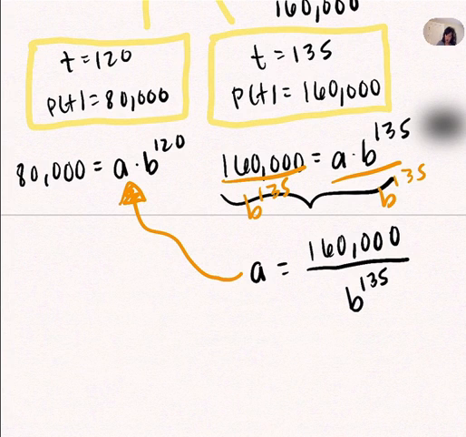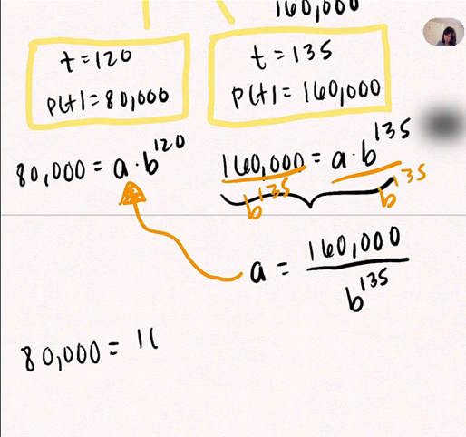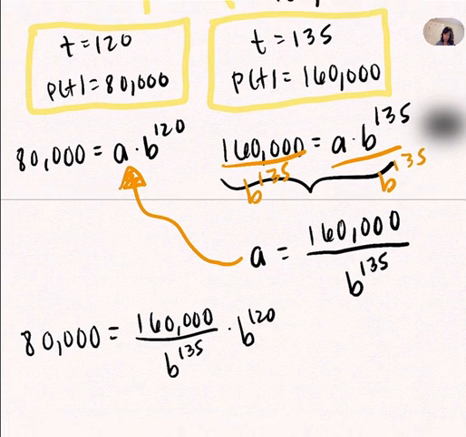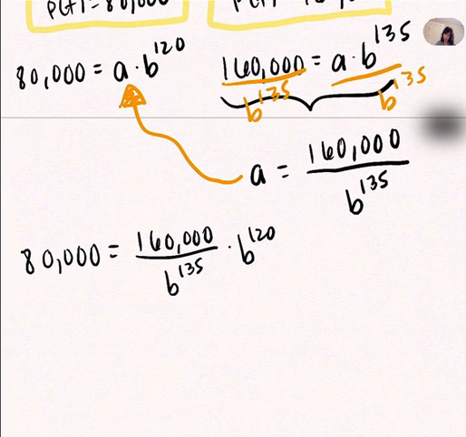So if I do that, I get 80,000 equals 160,000 over b to the 135 times b to the 120. So I've taken this and plugged it into the a spot in my first equation. Look at what happens if I simplify this. Let's see here. We know that 80,000 is half of 160.